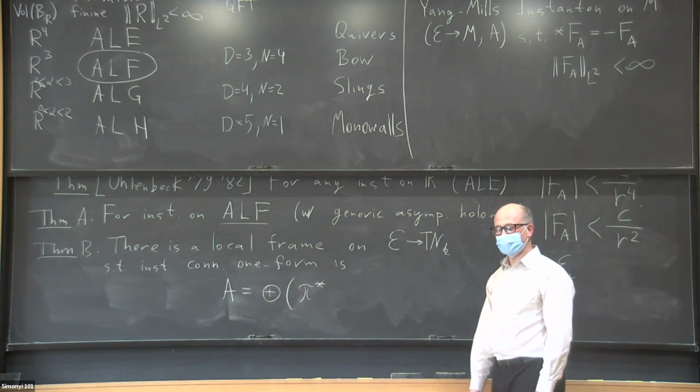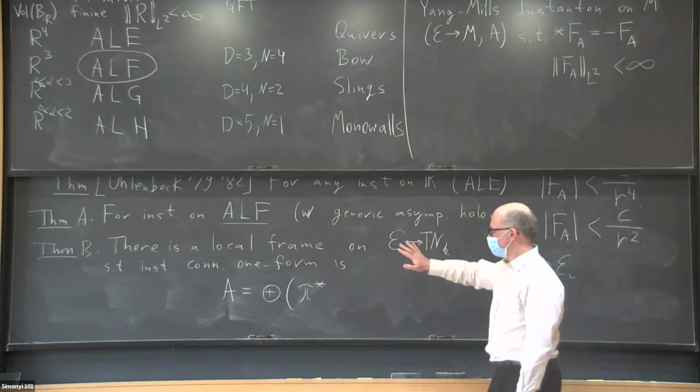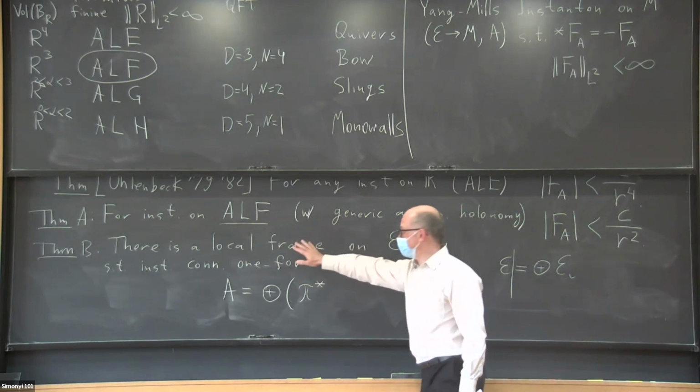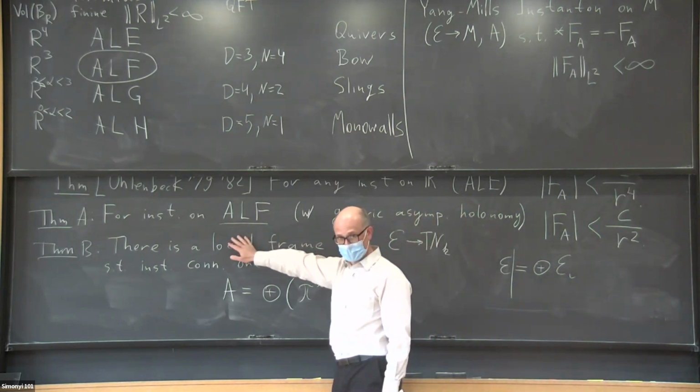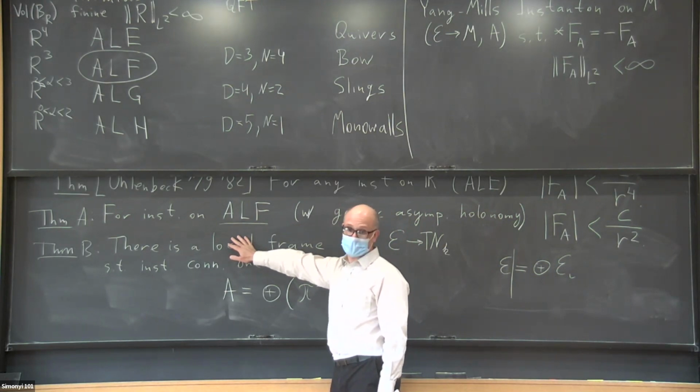So you had these topological spaces, which were these hyperkähler metrics, the Taub-NUT K. There was a parameter K, which is not specified when you start out. Well, once I get to Yang-Mills instantons, I choose a specific ALF space, and now on that space I look at bundles and connections.